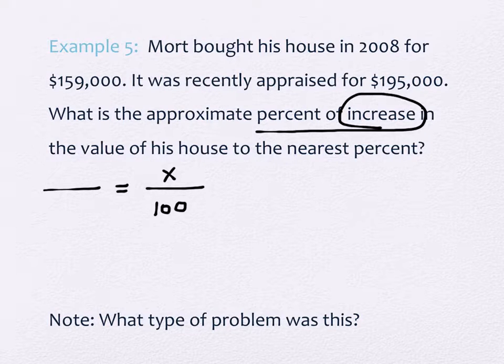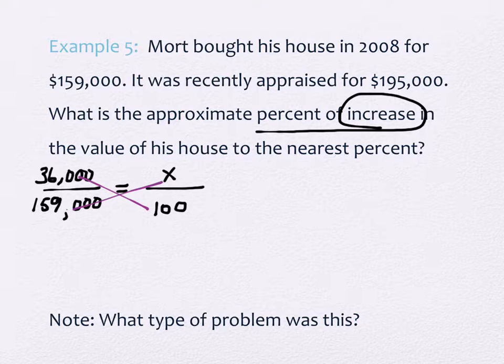36,000. So we're going to put the 36,000 on top because that's the percent that I'm looking for. What is 36,000's percentage value? Now I got to decide what goes on bottom. The original price. Very good. The original price was $159,000. And now you really hope you have a calculator because you're not going to do this one in your head.